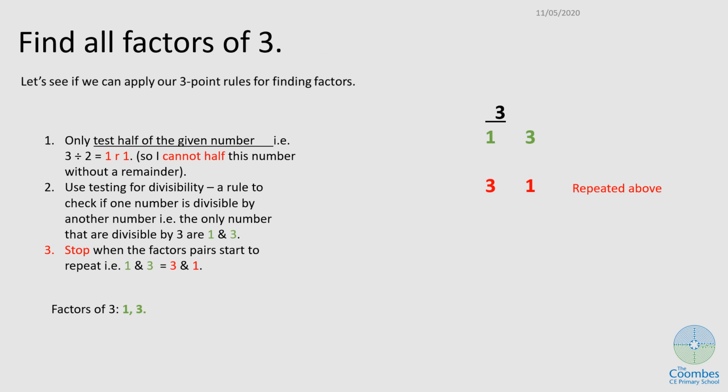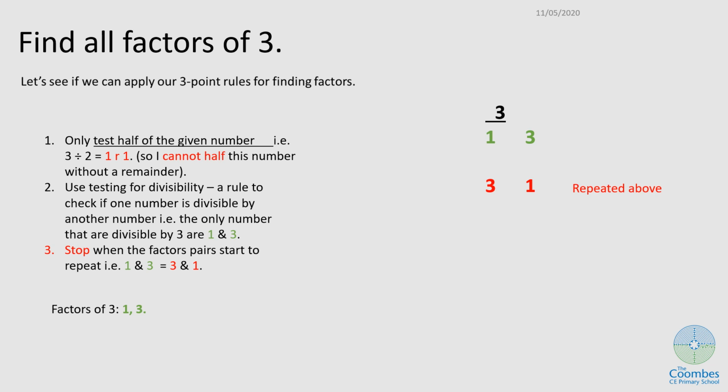Now, how about 3? Again, if we apply the same rule as before, half of 3 is 1 remainder 1. So I cannot have this number. In my test for divisibility, I know that it's a rule to check if one number is divisible by another number.